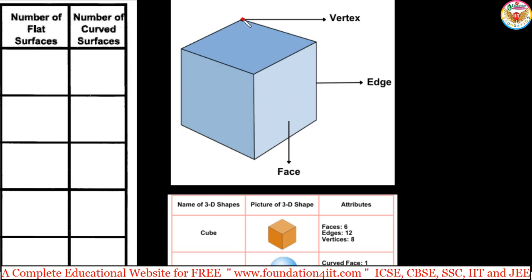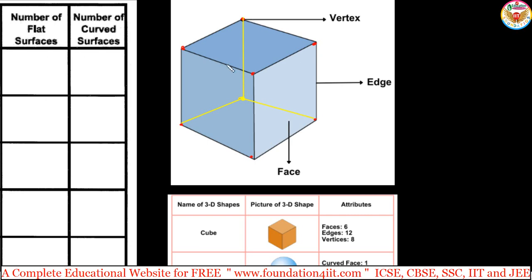So how many vertices are in this cube? 1, 2, 3, 4. Same way down also, 1, 2, 3, and one more here. You can imagine the line here. So the meaning of a vertex is the corner joining of two edges.